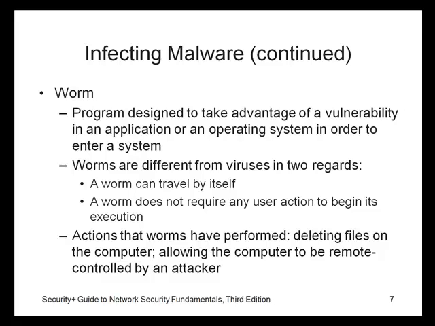A worm is different from a virus. A virus needs our help. A worm doesn't. A worm is designed to take advantage of a vulnerability in an application or operating system in order to enter the system. It differs from viruses in that it can travel by itself. But let's go back up here. Take advantage of a vulnerability. What's a vulnerability?